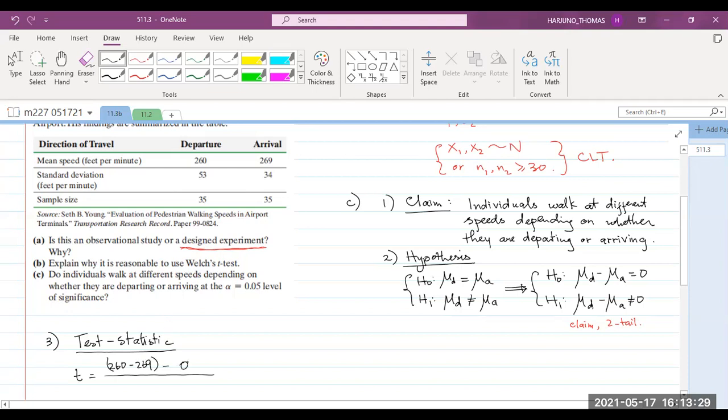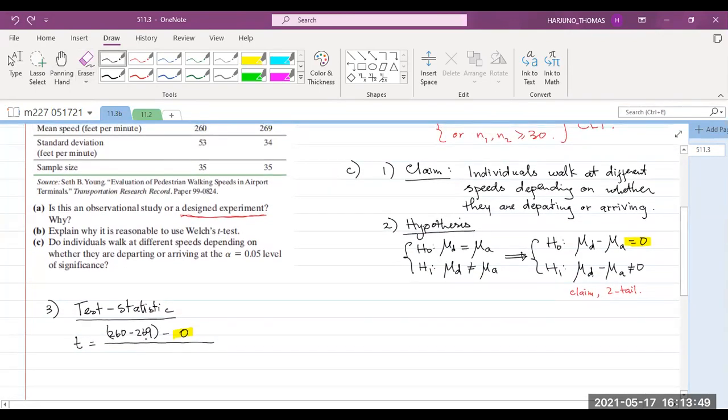Even though we know it will subtract 0 there, because this always comes from the null hypothesis, you still need to write it down. Then divided by the square root of the sample variance of the first group over its sample size plus the sample variance of the second group over its sample size.